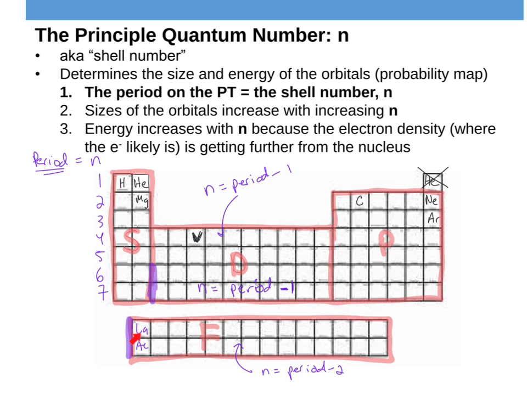So if you're looking at lanthanum, it's in row 6, but we subtract 2. So the period is 6, but we subtract 2. So this is actually a 4f, and this is a 5f. And so we can get the period of the highest energy electron by just looking at where that element is on the periodic table.